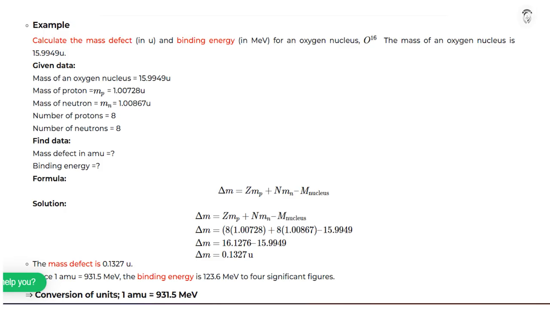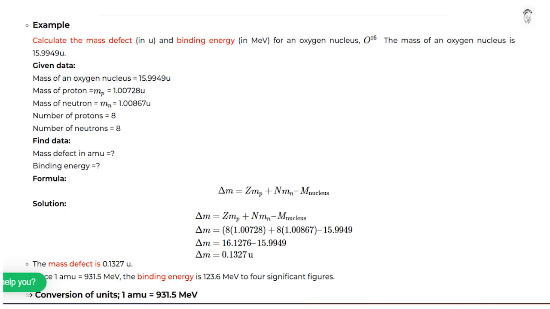So first of all, we should add up the separate nucleons and find the mass, and then we will subtract that from the nucleus. So therefore 8 protons, and the mass of the proton is 1.00728. So 8 times 1.00728 plus 8 times 1.00867, and I'll subtract 15.9949 from this.